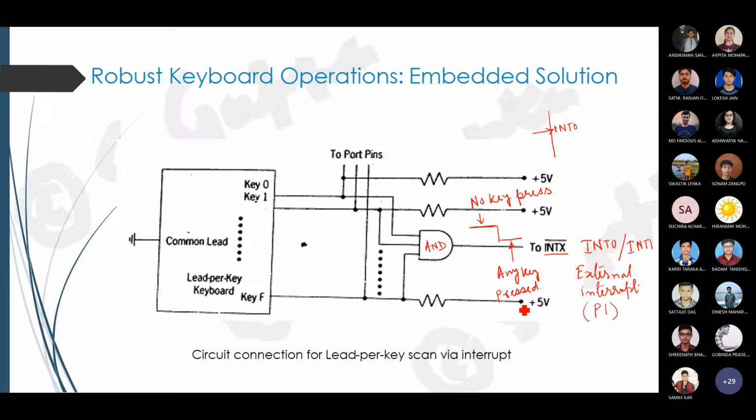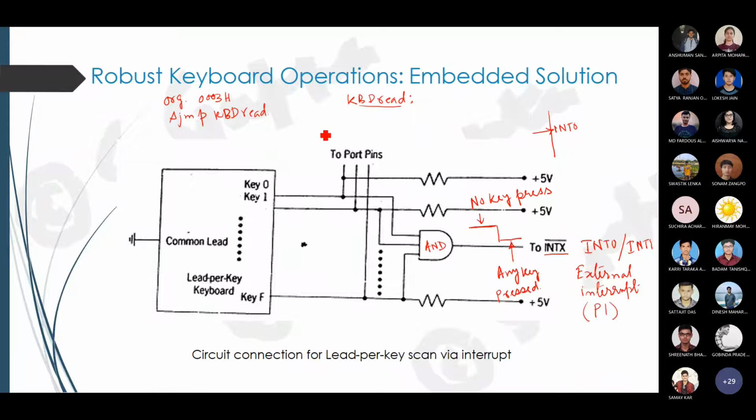So when there is a key press, this will generate an interrupt, and we will move to INT0 at 003 hex. There we will go for SJMP KBD read, and at that address we will write the KBD read routine.